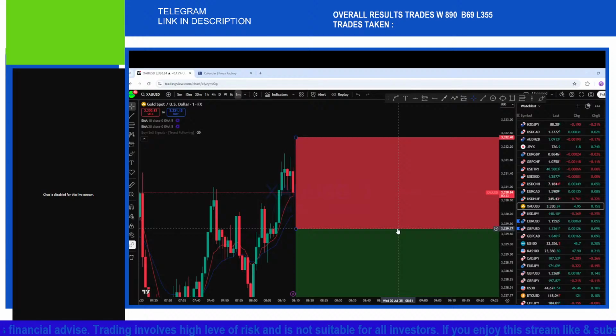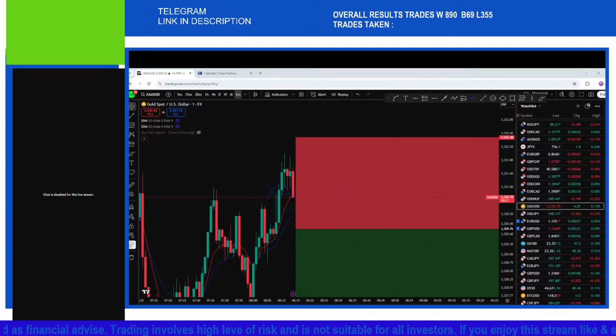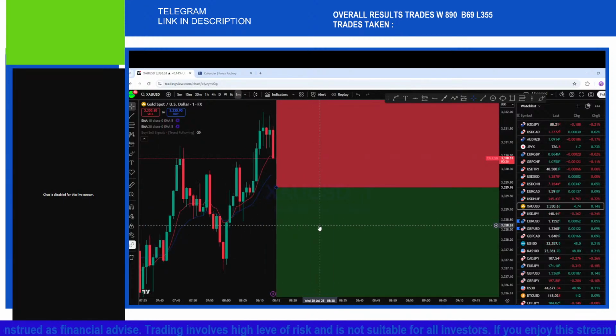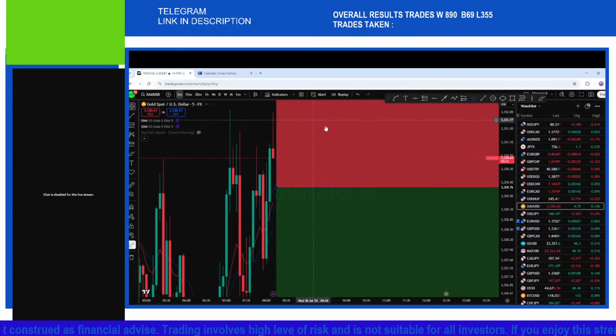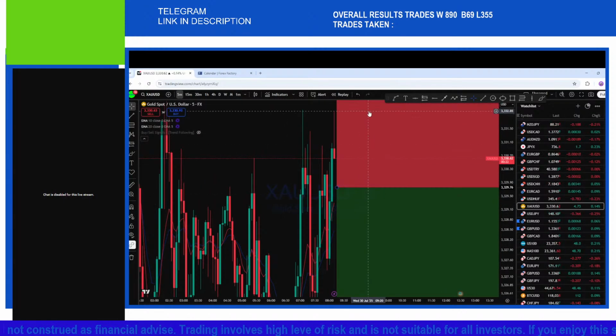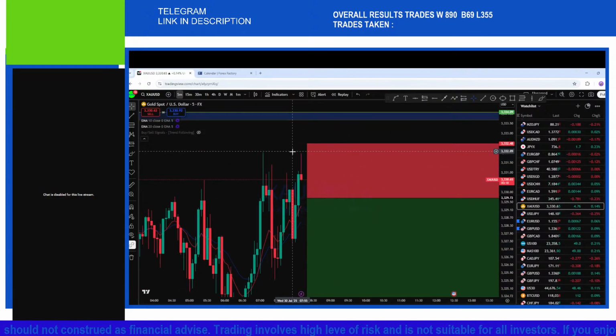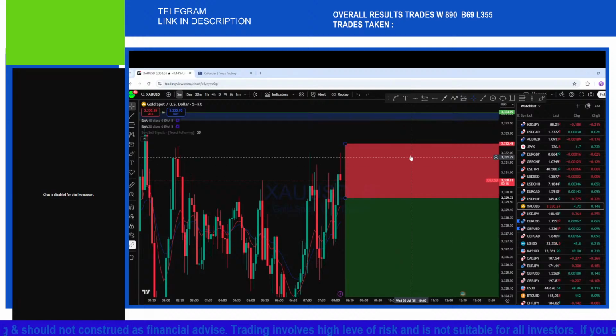We see that bearish move still going on here in that area, and I'm still on the trade. We see the price from the high, it's getting that reaction back again, back below.